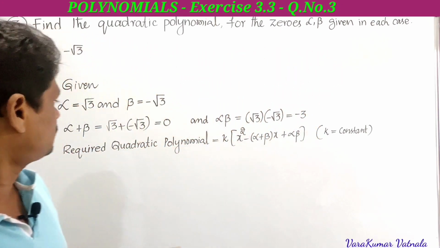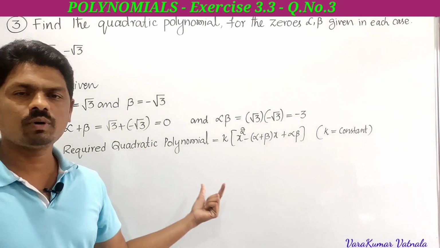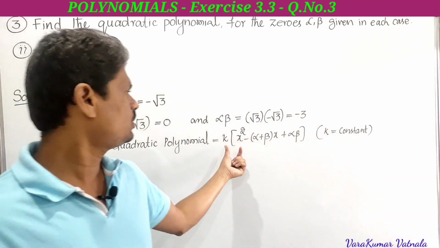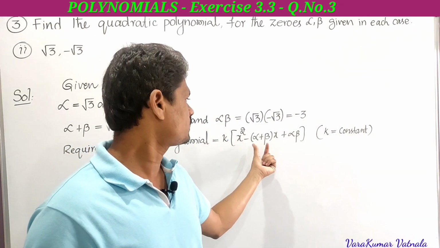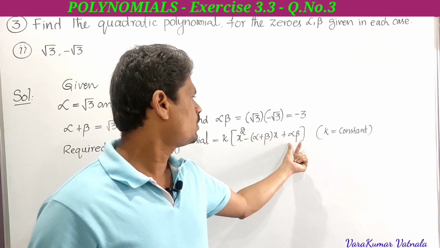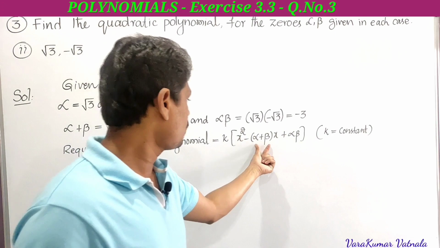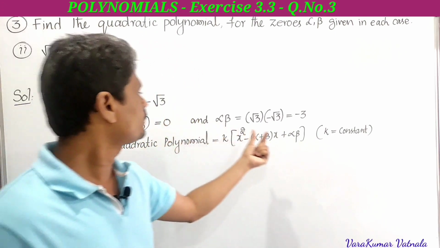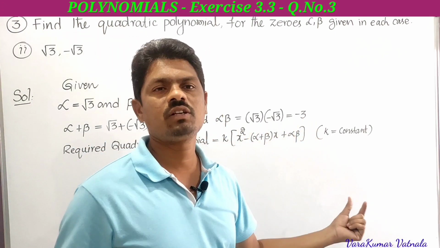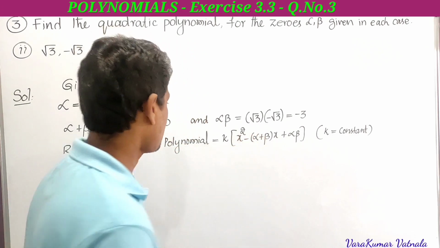Here, minus 3. So the required quadratic polynomial is equal to k into x square minus alpha plus beta into x plus alpha into beta. k is constant. We have alpha plus beta is 0, alpha into beta is minus 3. We just have to substitute in the formula.